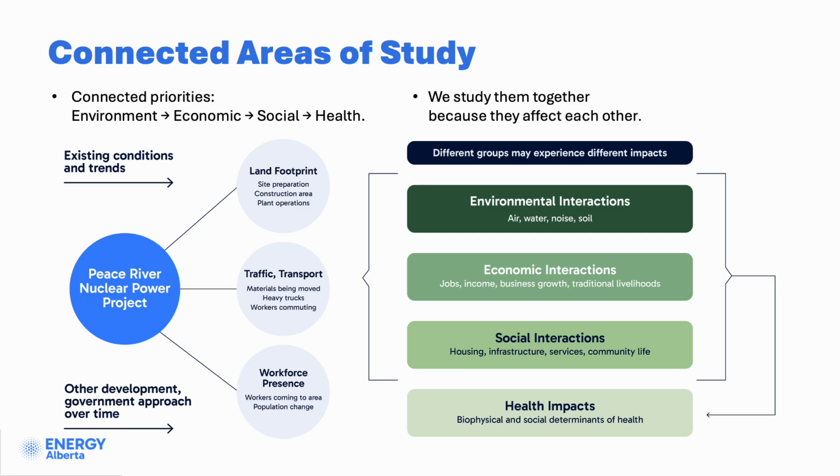The assessment team will study these factors together because they affect each other. And it's also important to note that we'll aim to consider how different groups within the larger population may experience impacts differently. We'll discuss more on these topics in the coming slides.